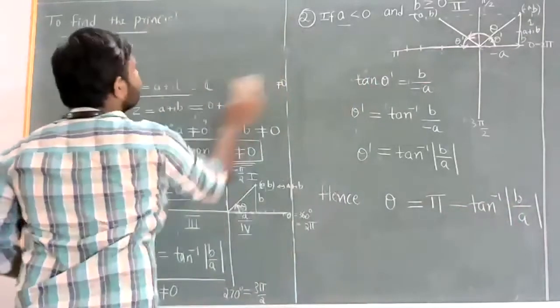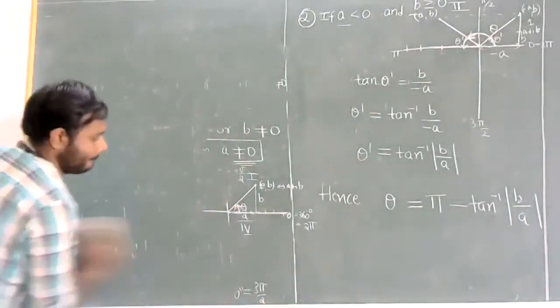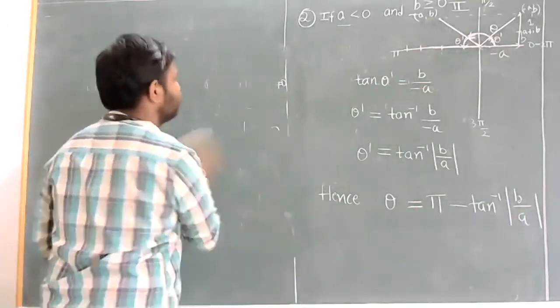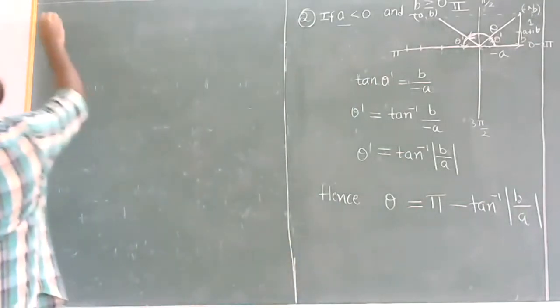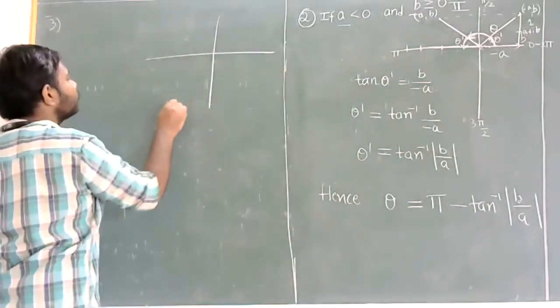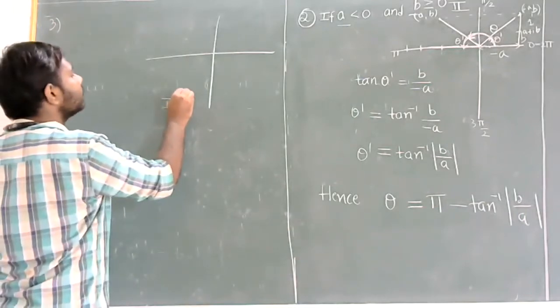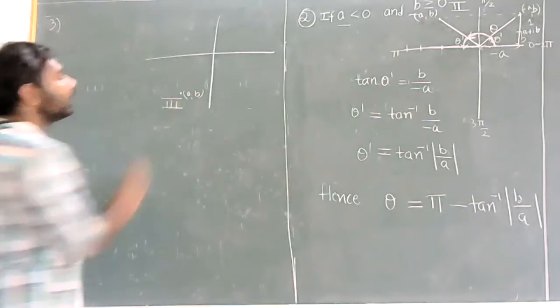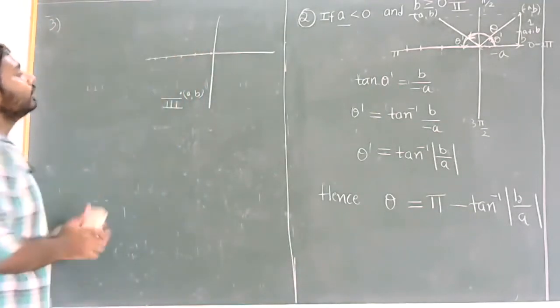Now, the third case, that is, now suppose the point is in the third quadrant. Suppose the point is here. In the third quadrant, these values will be negative.